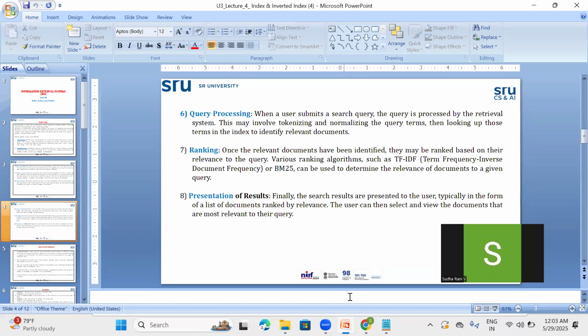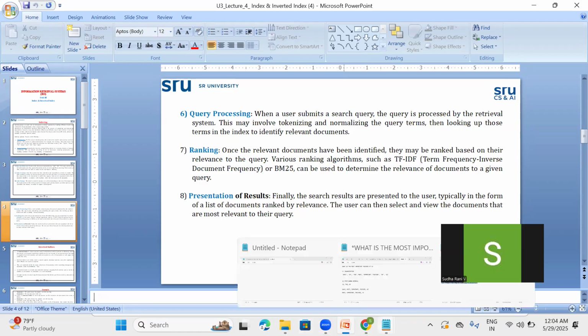Once the relevant documents have been identified, they may be ranked based on relevance. Various ranking algorithms such as TF-IDF (term frequency, inverse document frequency) or BM25 can be used to determine the relevance of documents to the query.